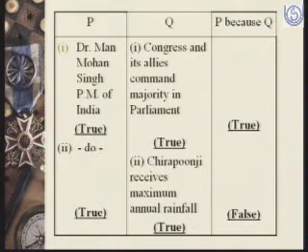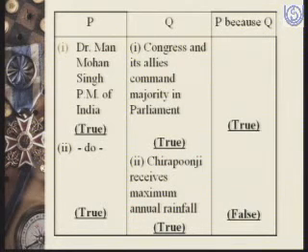Here I am saying that Dr. Manmohan Singh is Prime Minister of India. It is a true statement. Congress and its allies command majority in the parliament. If we say Dr. Manmohan Singh is Prime Minister of India because Congress and its allies command majority in the parliament, then it is true.